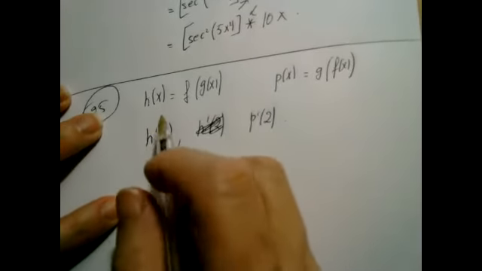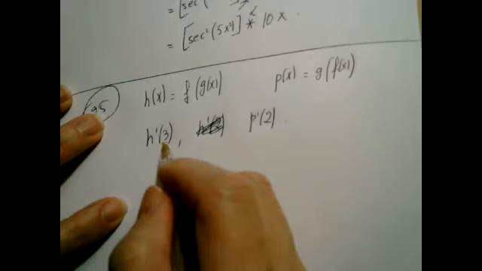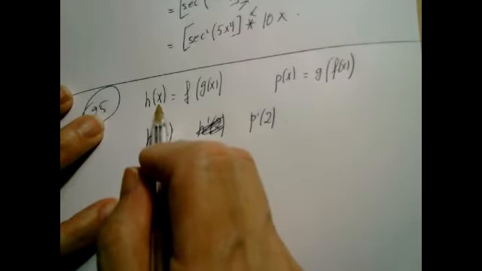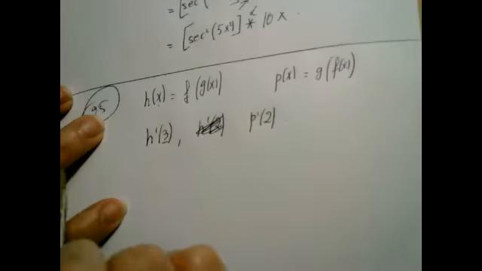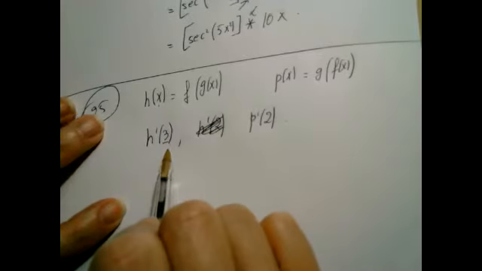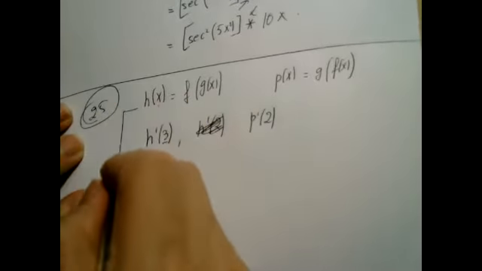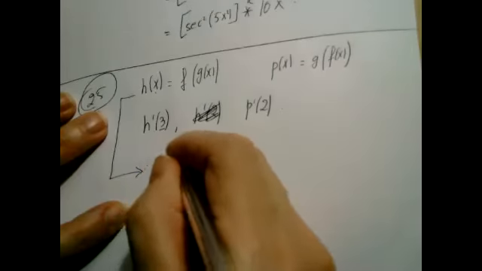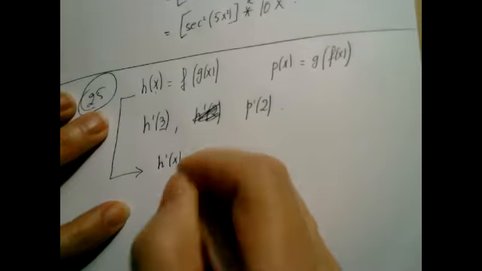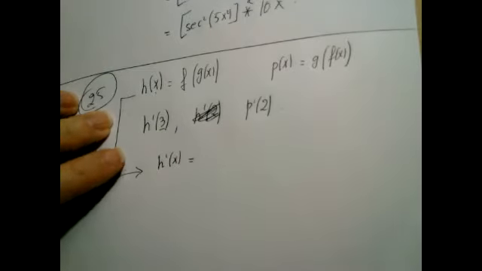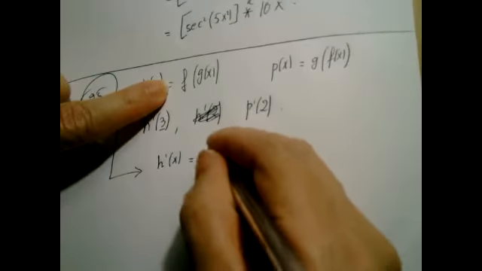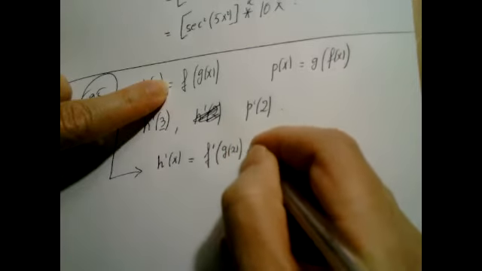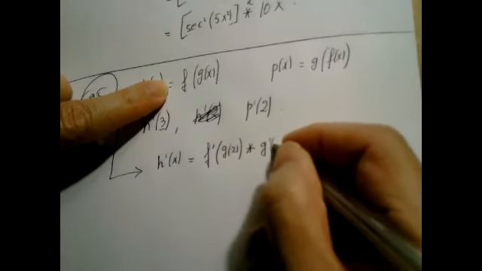what is h prime? To find the derivative at a point, first we find the derivative at any x. After we find the derivative for every x, then I plug in the point. So what is h prime of x? Always find it for any x. Here we're going to use the chain rule verbatim. It tells me it's f prime at g times g prime.